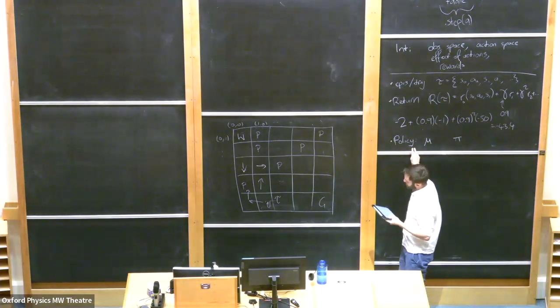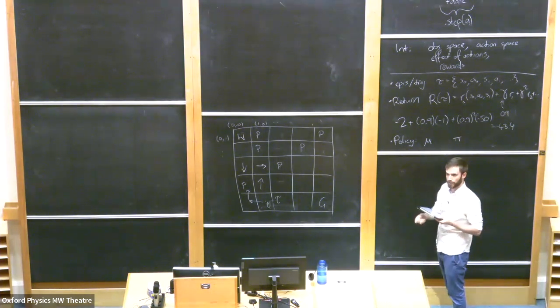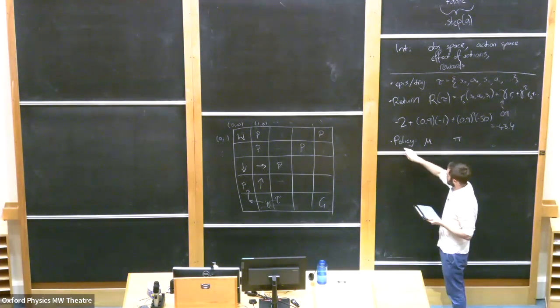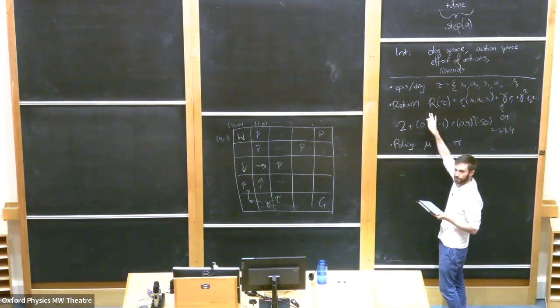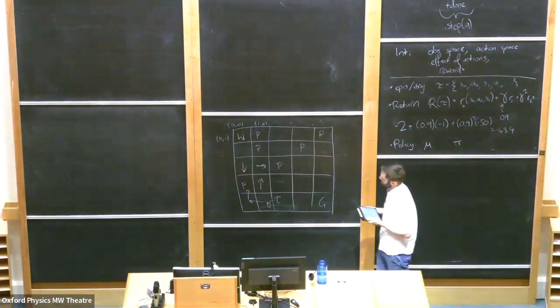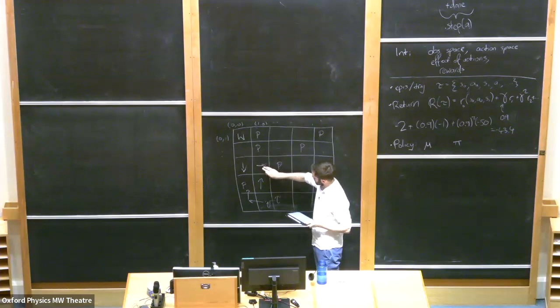Okay. Now we have a notion of a goal that we want to train our agent towards, which is to find a policy which maximizes the return for any trajectory. For example, obviously this wouldn't maximize the return because this would be stupid: if you started here, you just go straight in here.